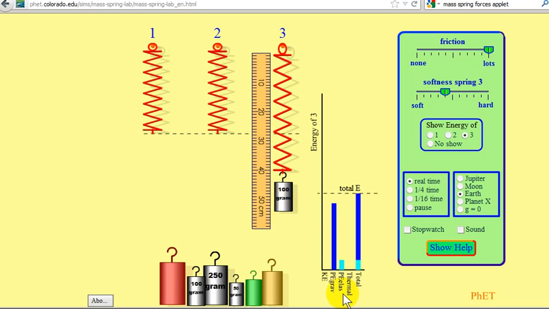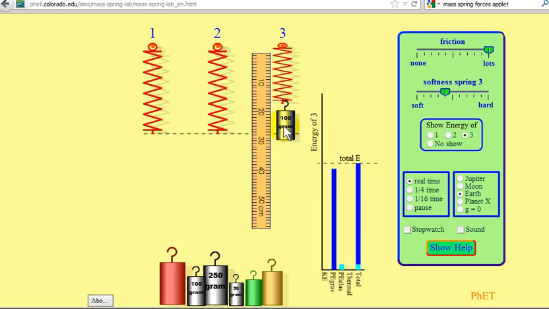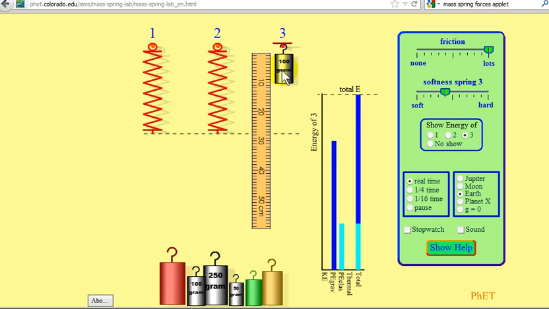We can decrease that to 0 by returning the spring to its original position by raising this mass up. Now the elastic potential energy is 0. We can continue raising this mass up to compress the spring, which has the effect of increasing the elastic potential energy.